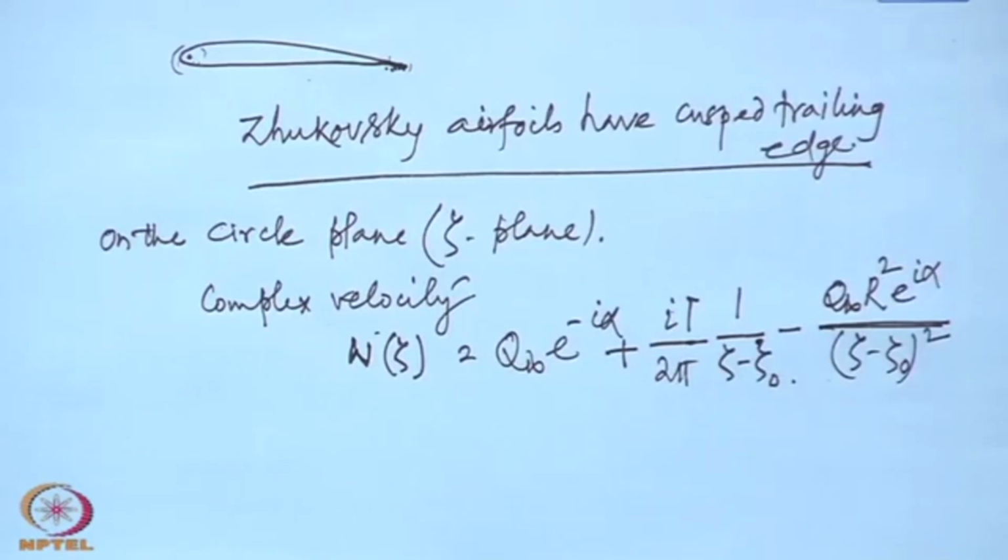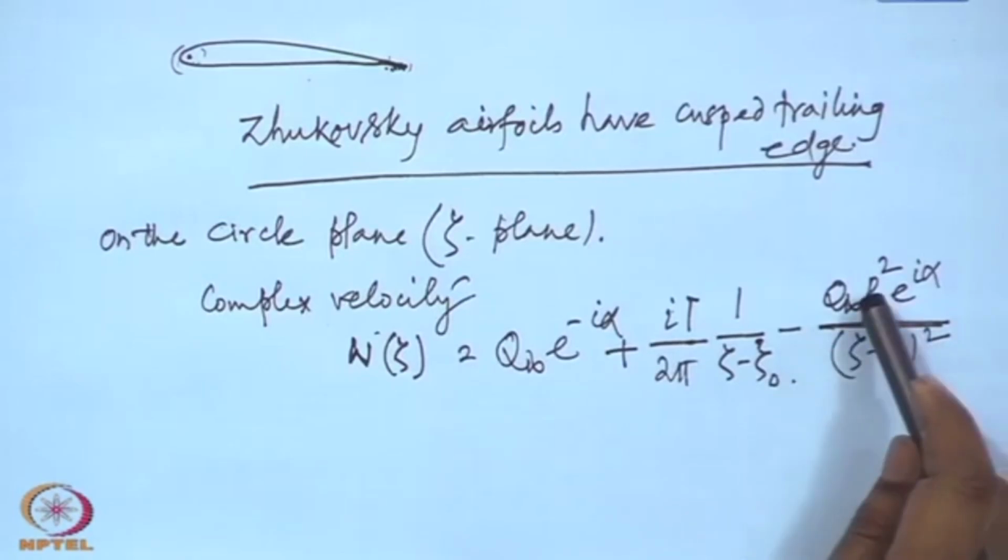Mu equal to, what was that formula for mu? 2 pi r square u infinity, if you remember. That strength of the doublet was mu equal to 2 pi r square u infinity, where r is the radius of your circle.